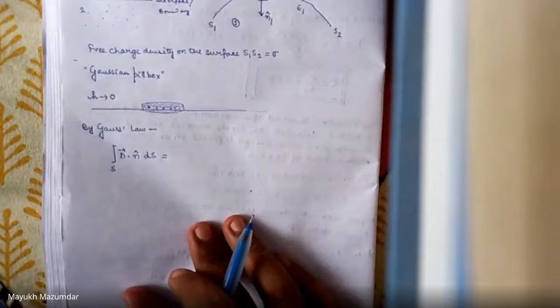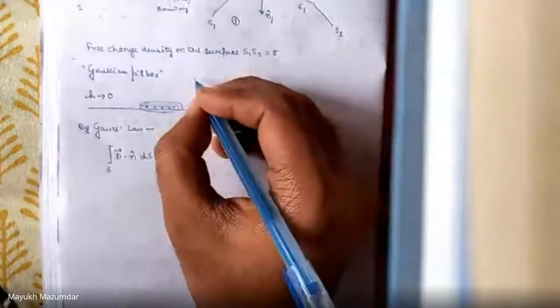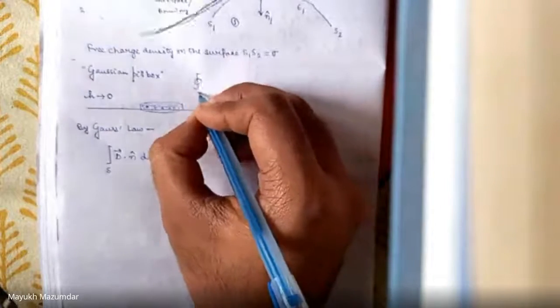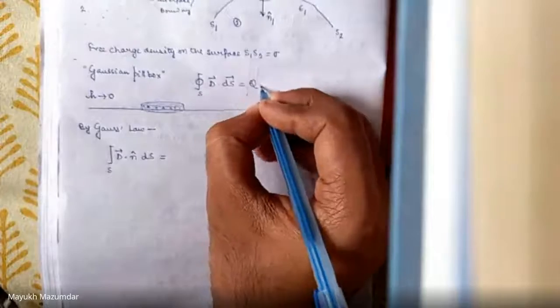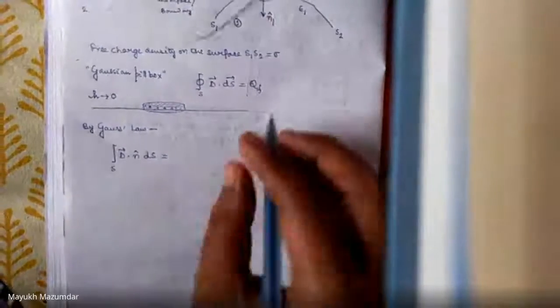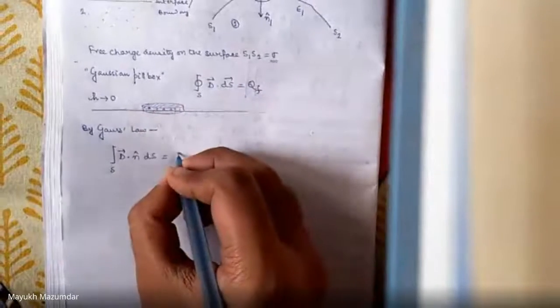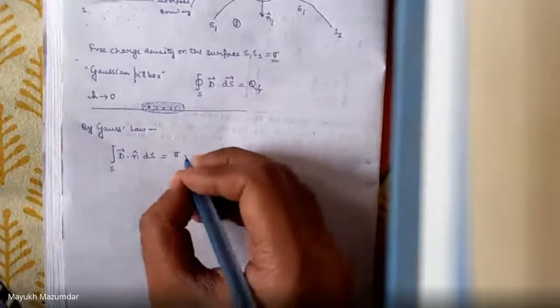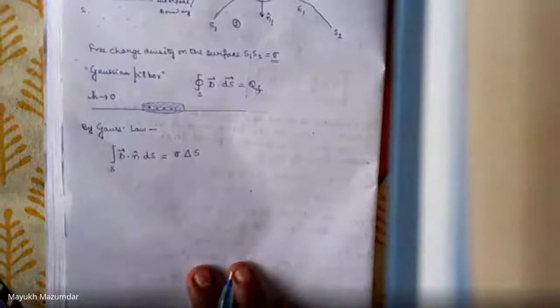Total free charge enclosed, isn't it? Free charge, QF. In the last class we got this thing, no? Now what did we assume? We assume that the charge density is sigma. What is the surface area? Delta S.